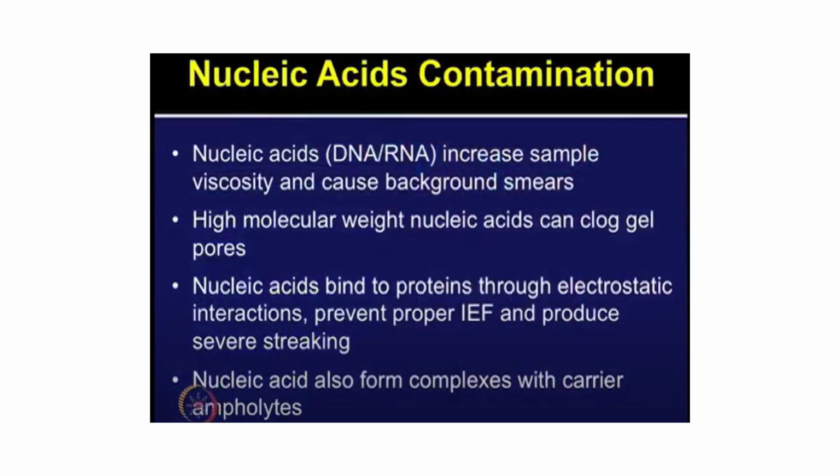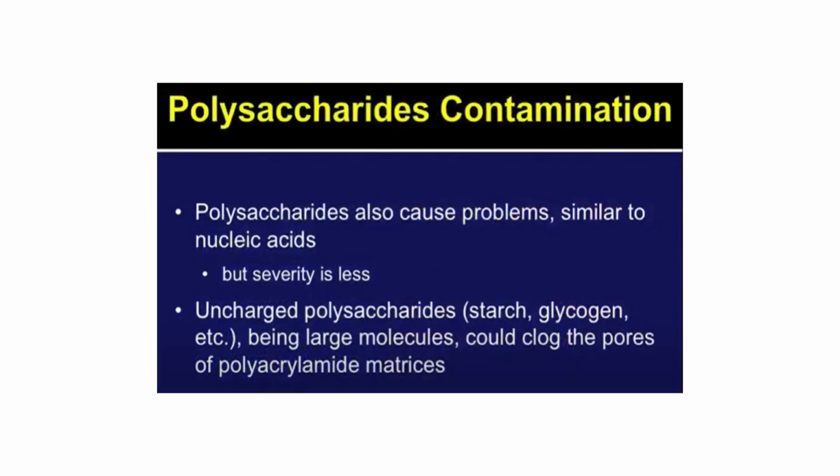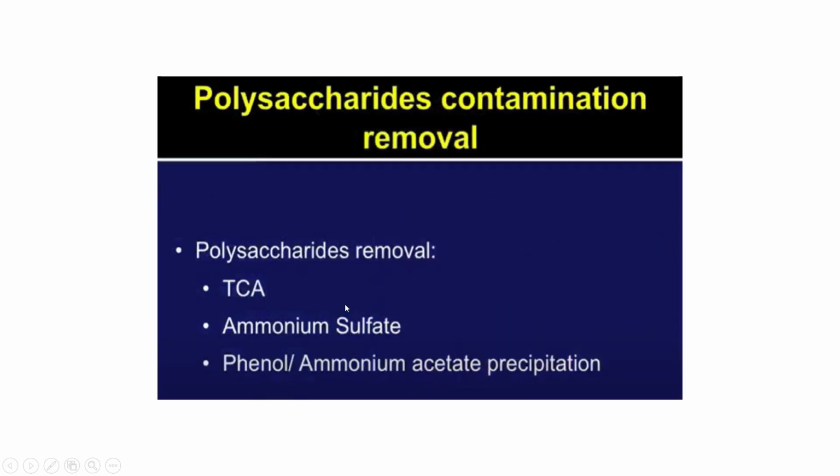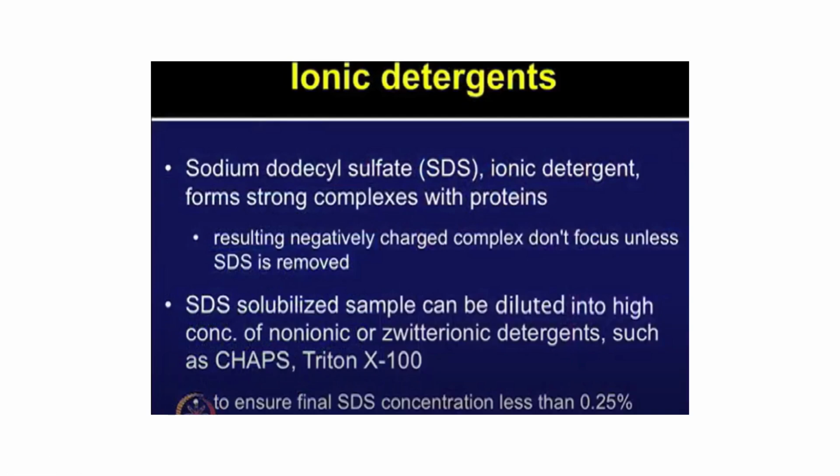Then how nucleic acid contamination can be removed, all those techniques were discussed, and how carbohydrate contamination can be removed. So these are a few things you can use for removing this. Similarly for lipids, similarly for ionic detergents.